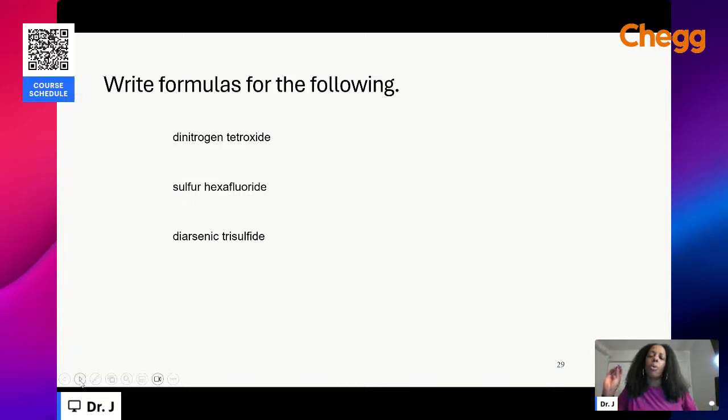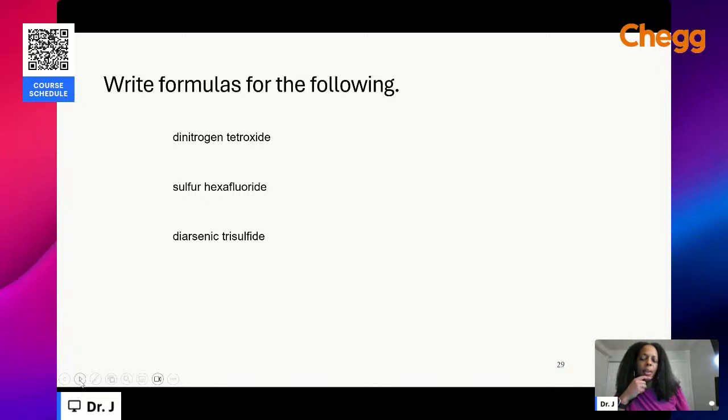Okay, so based off what we see, dinitrogen tetraoxide. What would that formula end up being? Dinitrogen tetraoxide. What do you all think that formula would be? Any guesses?